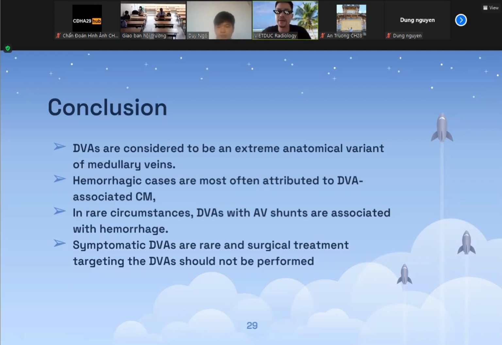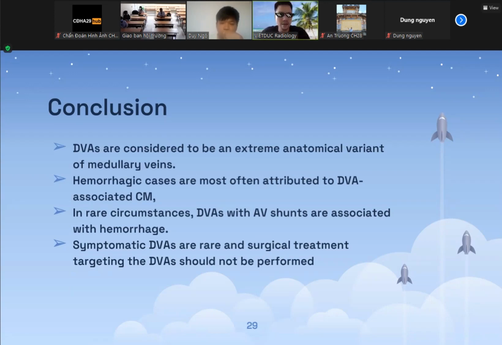And in the article that you showed, the association rate is maybe more than 30%, and we cannot detect the DVA under 7 Tesla, right? And the other useful information is that the DVA can come with other kinds of malformation, for example the AVM, and it can be the cause of the hemorrhage.